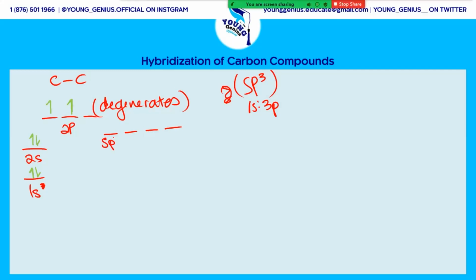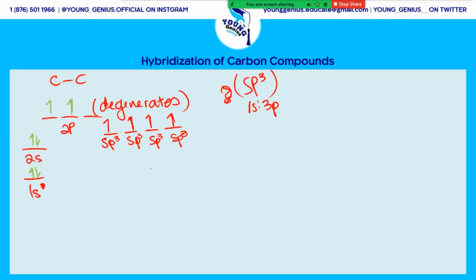So you'd have one sp3, a second sp3, a third sp3, and a fourth sp3. Each sp3 orbital will have a single electron, which allows you to make those four bonds. So that's what happens with carbon-carbon single bonds.